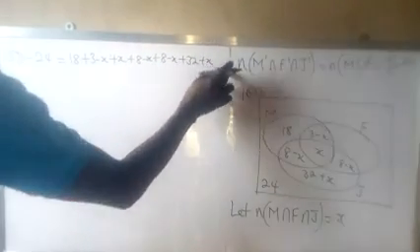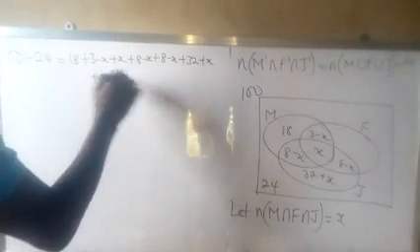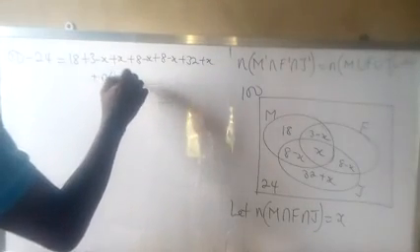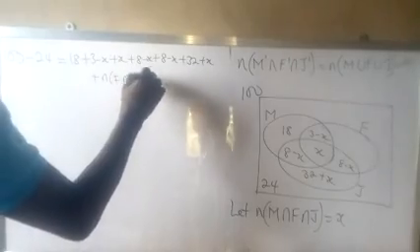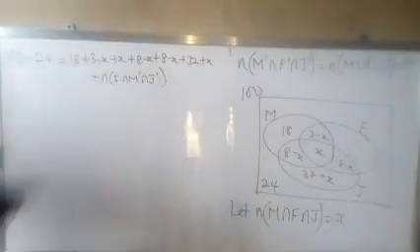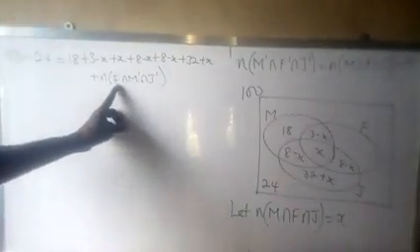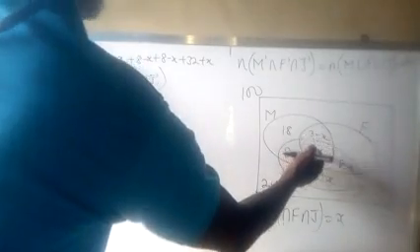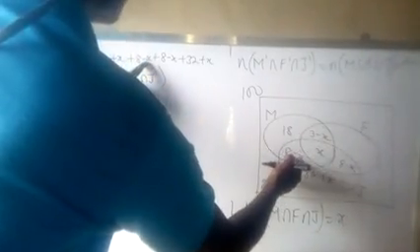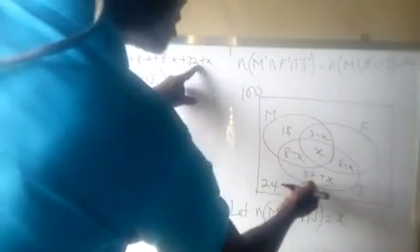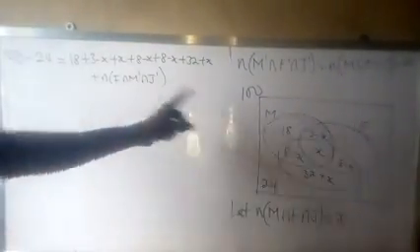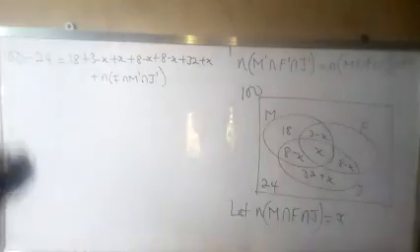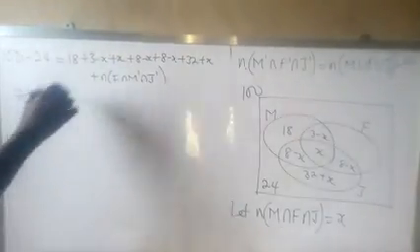Then plus the number of February intersection March complement intersection January complement, that is February only. That is this plus this plus this, and we don't know what that is, which is why we represent this particular column like this. So this will be 76 is equal to this.